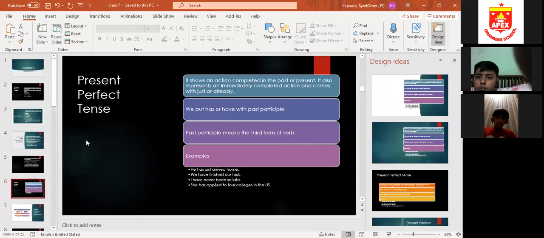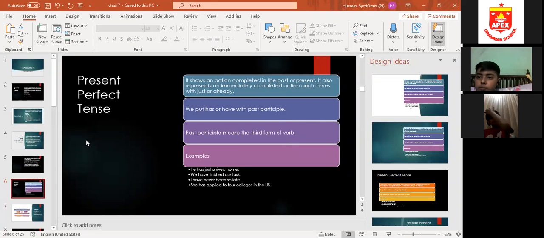So present perfect tense refers to our action which has been completed. Okay, it shows an action in the past or present. It also represents an immediately completed action and comes with just or already. Most of the time we put present perfect with just or already.